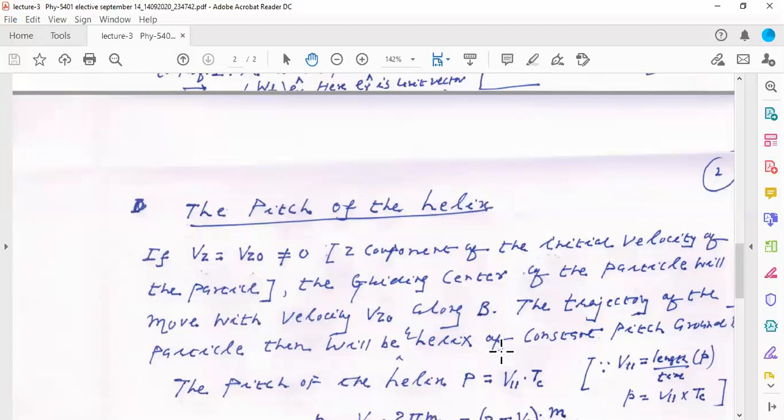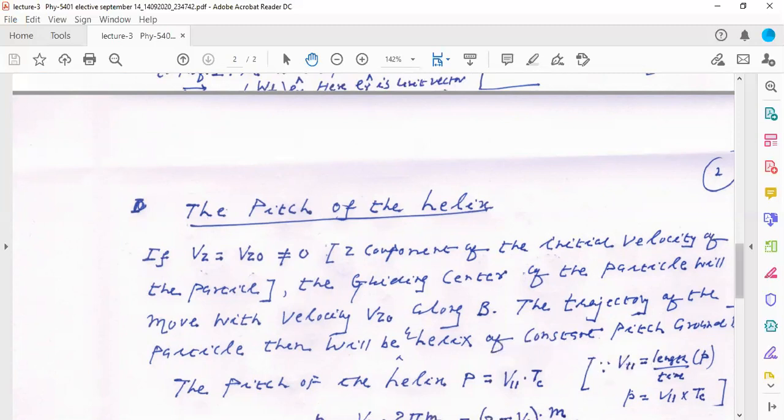The distance between two consecutive threads of a helix is known as the pitch of the helix.